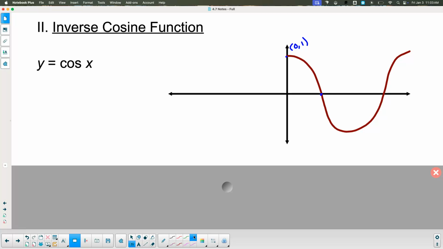This one is, it's a point, so give me 2 parts. Pi over 2 comma 0.